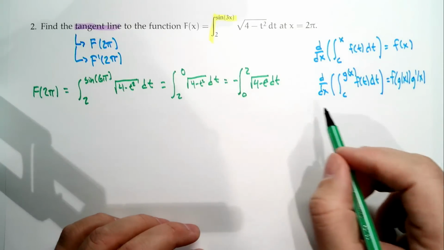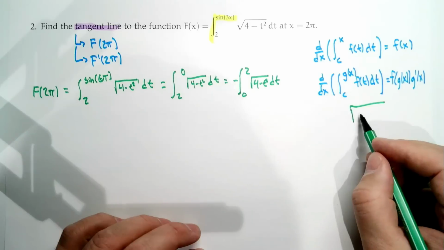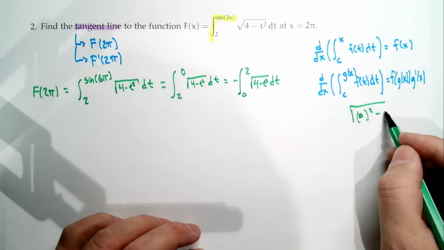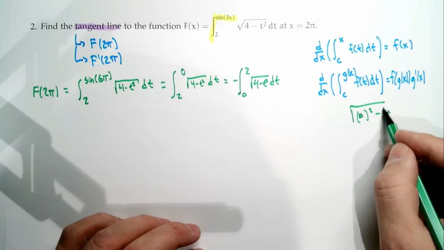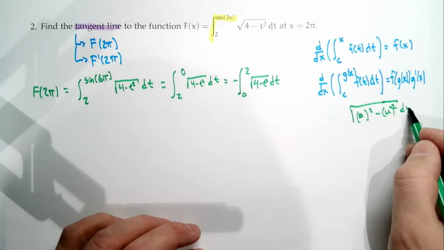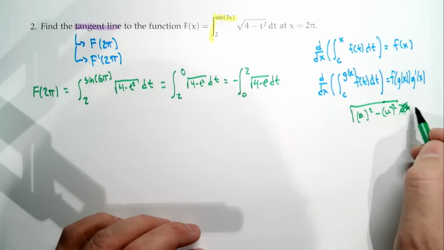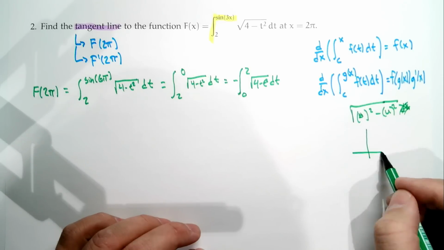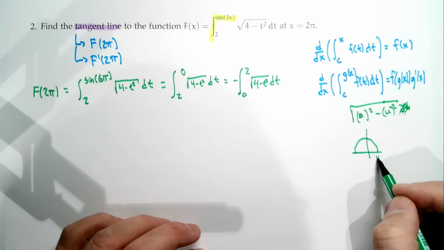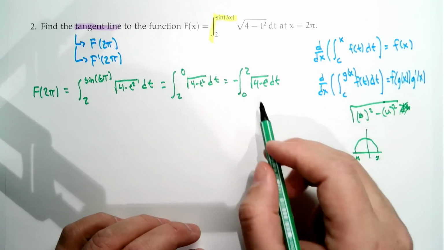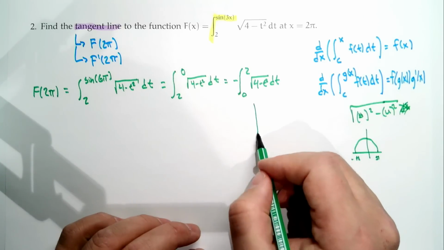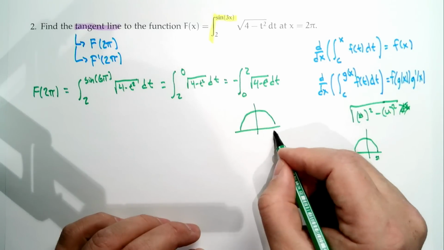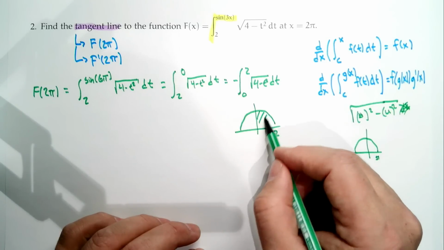Because if you see something of the form square root of a number squared minus a variable squared, say u squared, what you really are dealing with is a circle. So here, we should recognize that this is a circle. It's a circle of radius 2, because that's 2 squared. And we're going from 0 to 2.